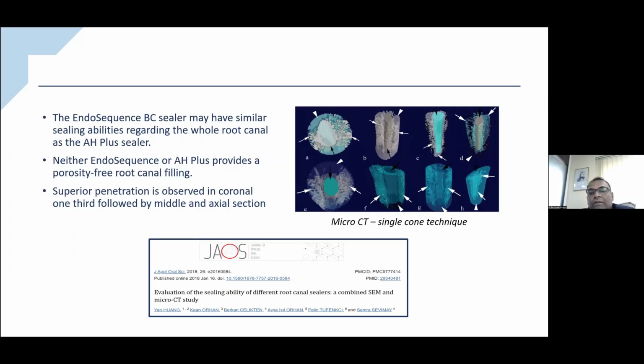Both of the micro-CTs also showed that neither EndoSequence BC sealer nor AH Plus provides a porosity-free root canal filling. A superior penetration is observed in the coronal third, followed by the middle and apical sections for sealer penetration.